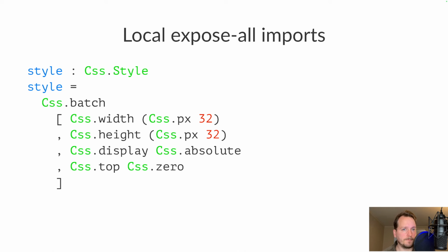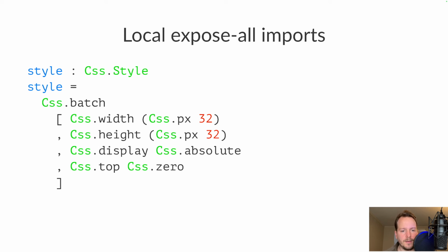And you can see here that it is pretty common to make use of fully qualified names in Elm, especially with the Elm CSS library. I prefer qualified names because CSS contains a lot of definitions, and a lot of those words are quite common. And so I wouldn't want to clutter my own namespace with every single word that's in CSS.